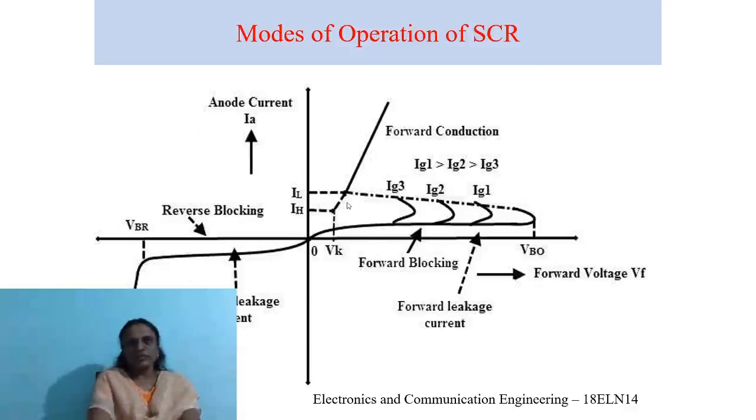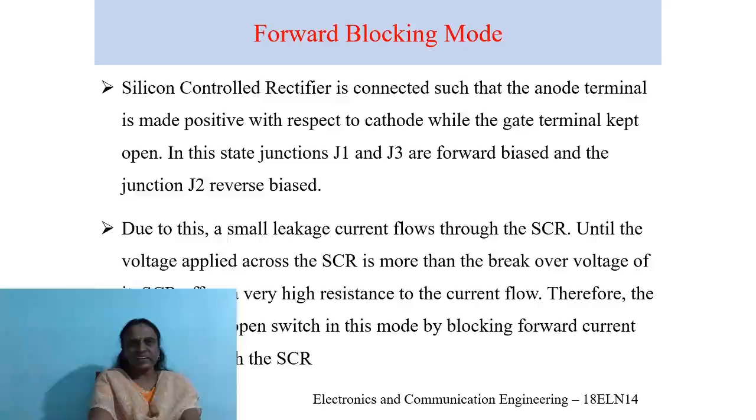Now going on to the forward conduction mode. Okay, see, in the forward blocking mode, like this it happens. SCR is connected such that the anode terminal is made positive with respect to cathode terminal, while the gate terminal is kept open. In this state, junction J1 and J3 are forward biased and the junction J2 is reverse biased. Due to the small leakage, current flows through the SCR until the voltage applied across the SCR is more than the breakover voltage of it.